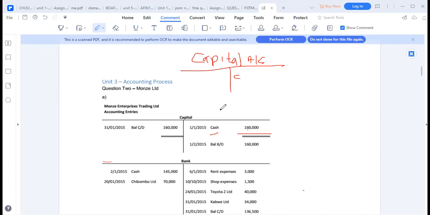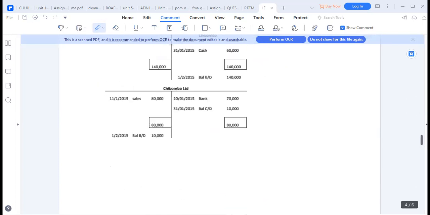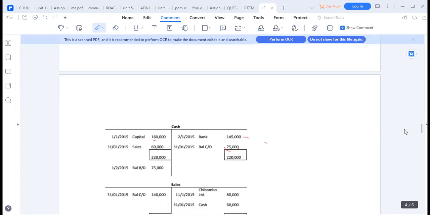So this is on the credit, and this is on the debit. This amount came from cash. On the other hand, we have the cash account. When you get to the cash account, we indicate that this is the debit and this is the credit, to complete the double entry system.